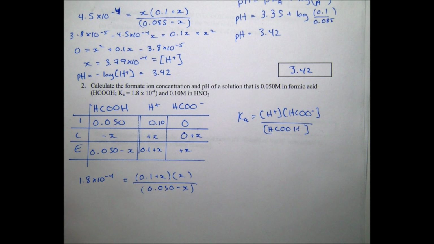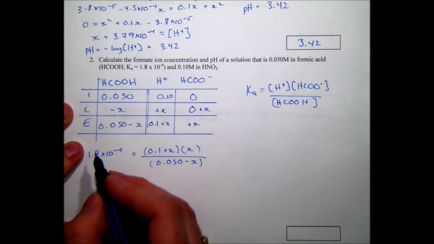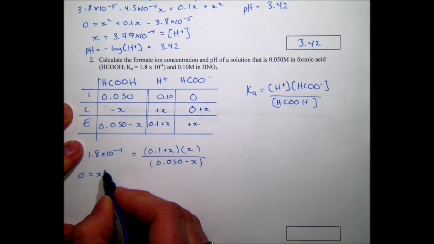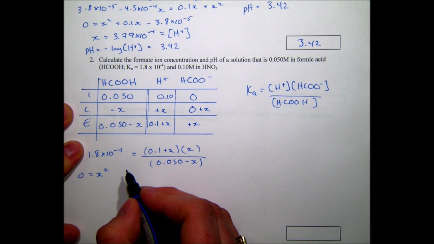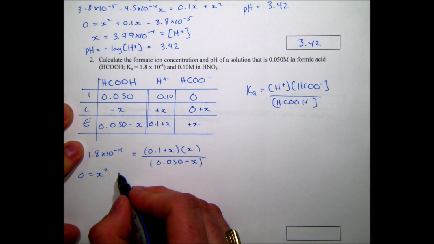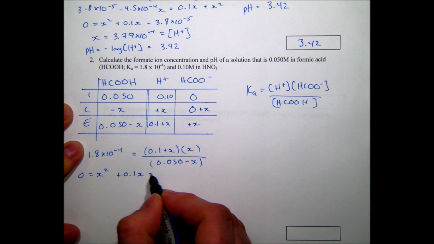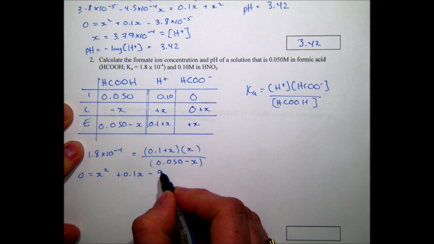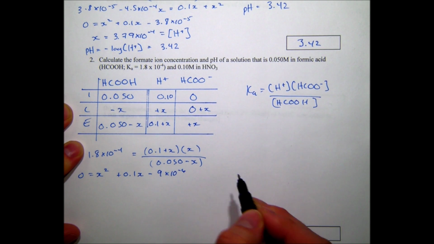So we now should be getting pretty good at turning this into a quadratic. So 0 equals x squared plus 0.1x minus 9 times 10 to the negative 6.